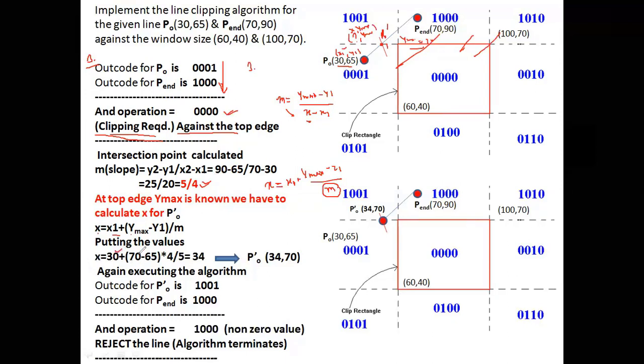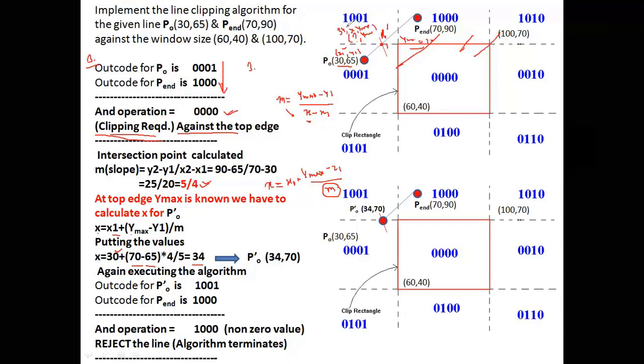Now y max is 70, y1 is 65, and the slope is 5 by 4, so reciprocated it is 4 by 5. When we do the calculation, you will get 34. So the value of x is 34 over here.